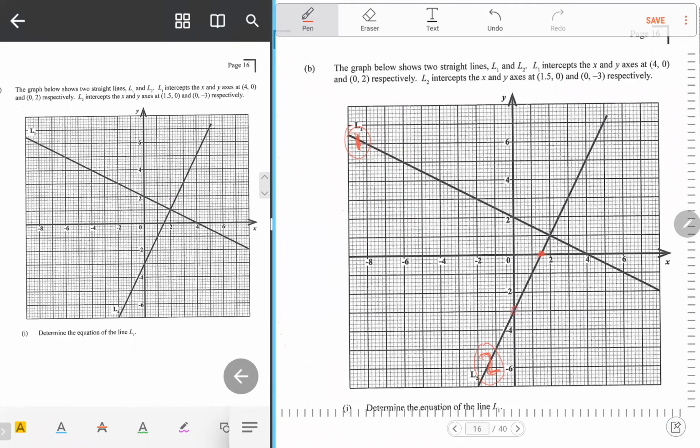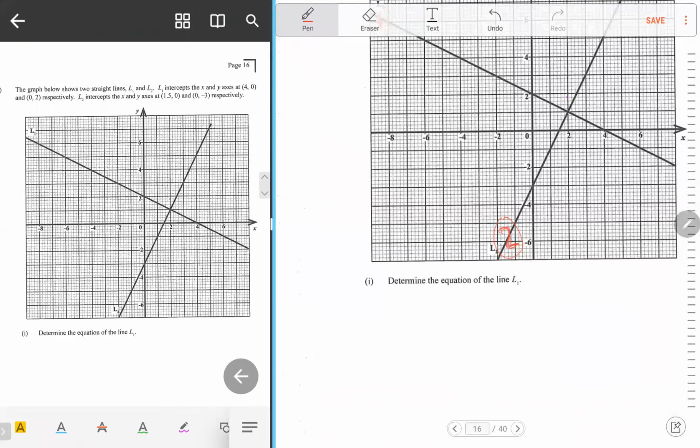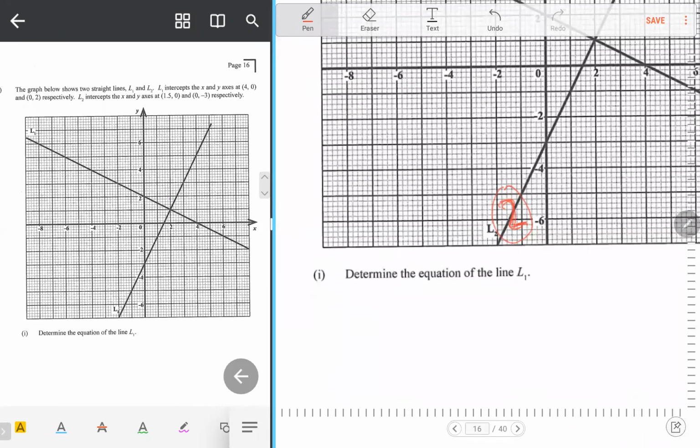This is (0, -3). So that's what they told us up here, you can see it on the diagram. So you know that we can go to the diagram whenever we want. All right, let's see what they want us to do now. They want us to determine the equation of L1.